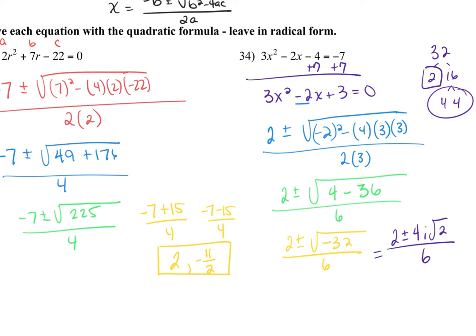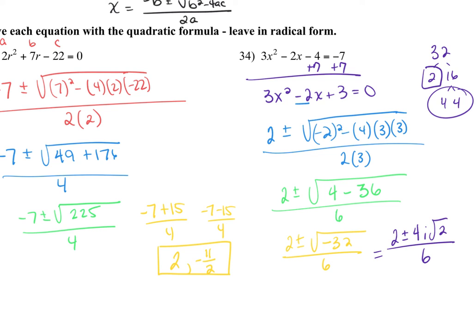6. Remember, you can either split it up, 2 over 6, 4i square root of 2 over 6, and reduce them individually. Or you can see what comes out of all 3, the 2 and the 4 and the 6, and reduce them. So what comes out of 2, 4, and 6? 2. So I'm going to divide each one of those by 2. You'll notice I am not reducing inside the radical.